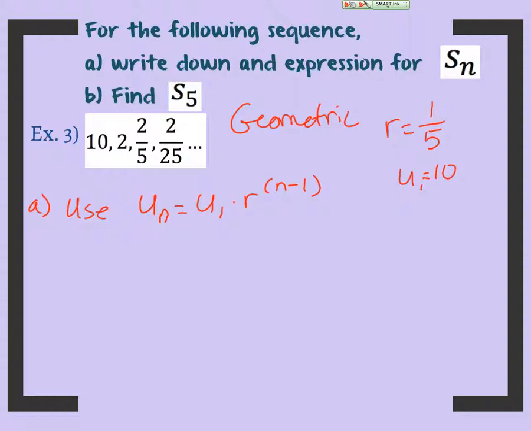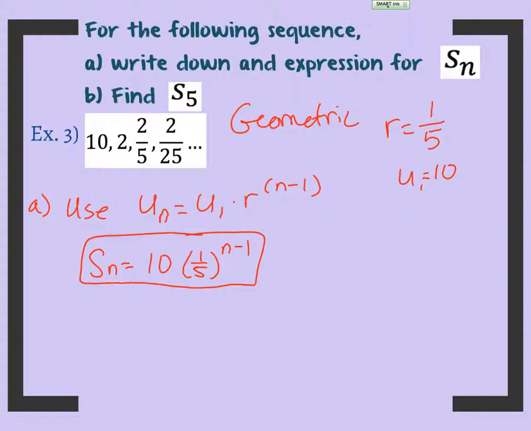So I can go ahead and plug that in. So 10 times 1/5 to the n minus 1. That's it. Remember, these ones don't simplify as much as the arithmetic ones do. So you guys see, the big thing is deciding which formula to use, deciding if it's arithmetic or geometric.